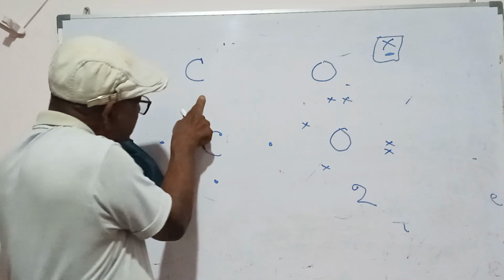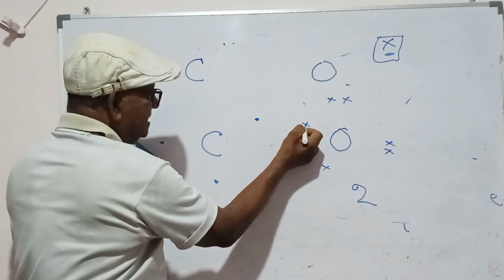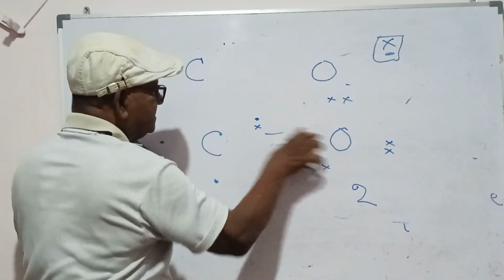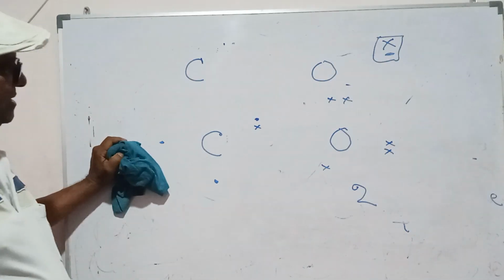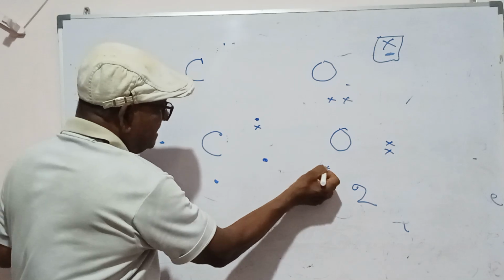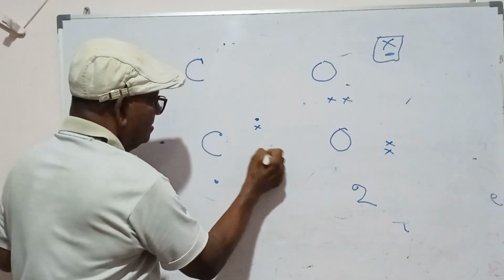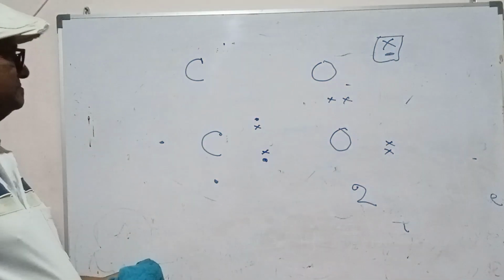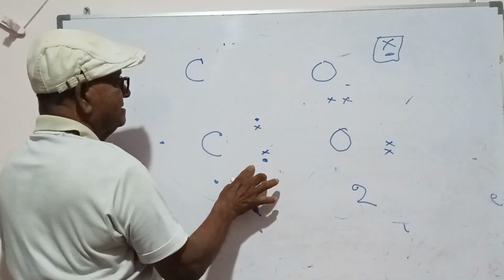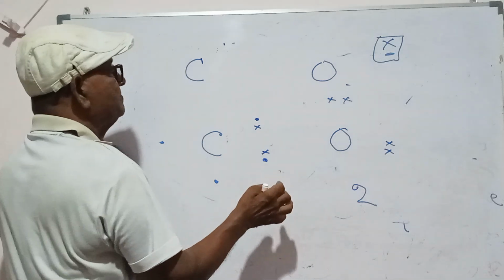Then if we consider these 2 electrons, oxygen also gives this electron. Now this electron comes here. If the other electron of carbon, oxygen gives this electron for the share, then carbon forms two shares with oxygen.